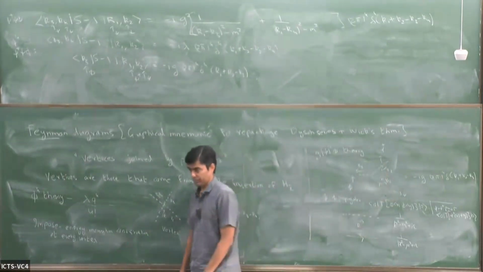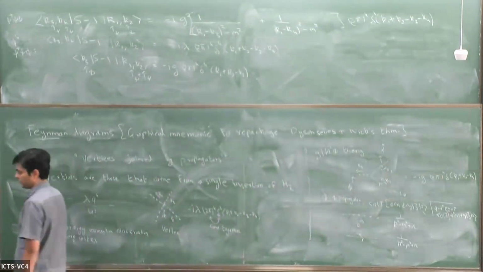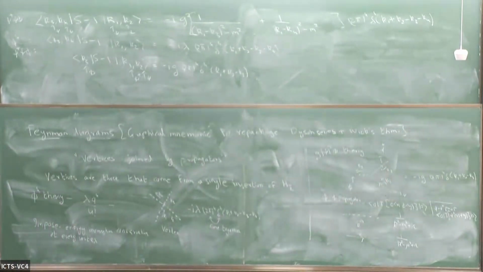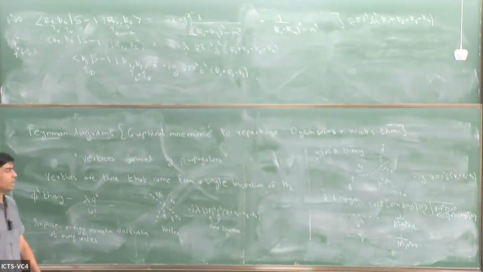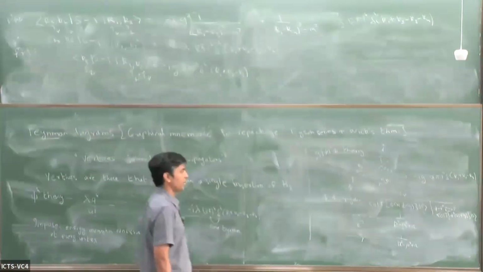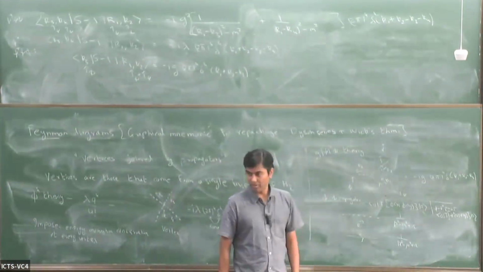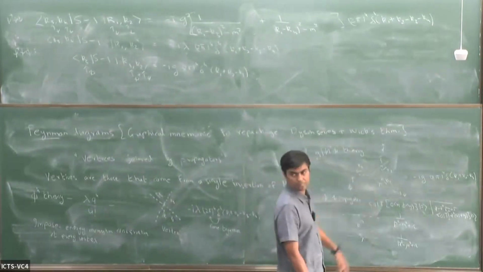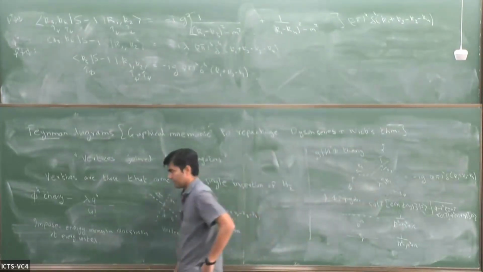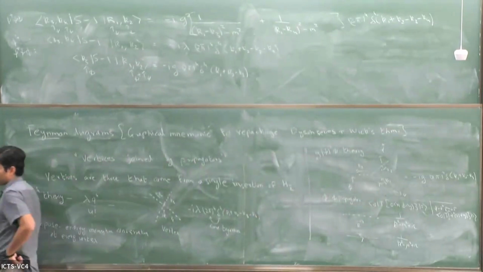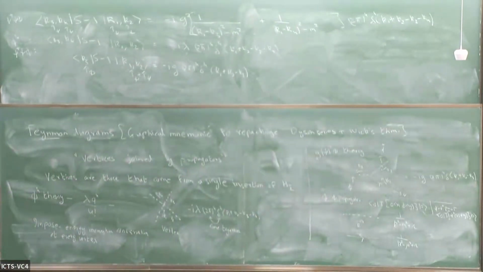And how to keep track of that? An arrow towards the vertex, say. You have to make up your notation, but that's one way to keep track of it. Okay, good.